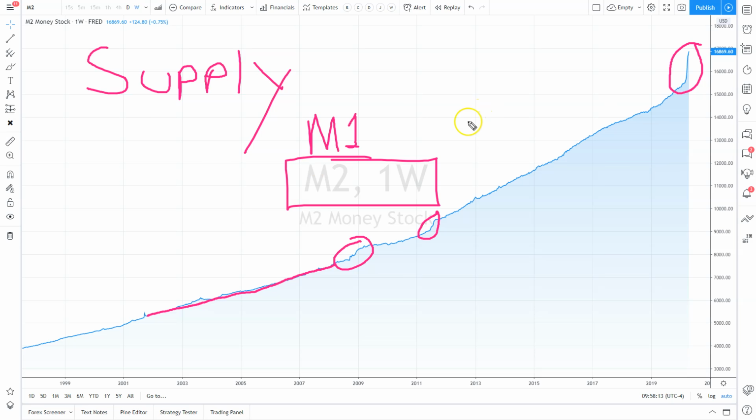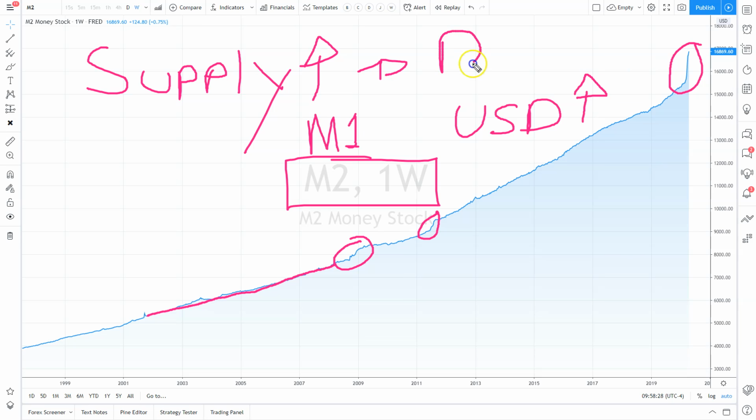So why do we have a strong US dollar around the globe if supply is going up and the price is going up? So what is missing here in this equation? Oh yeah, demand. Demand is also going up. So if we have an increasing supply and increasing demand, the price is going up. So why is the demand going up?